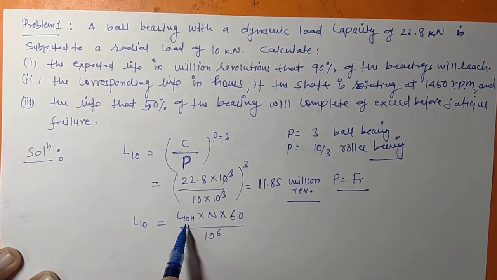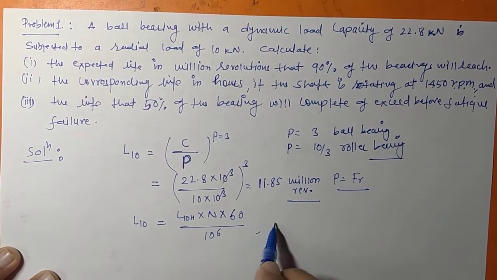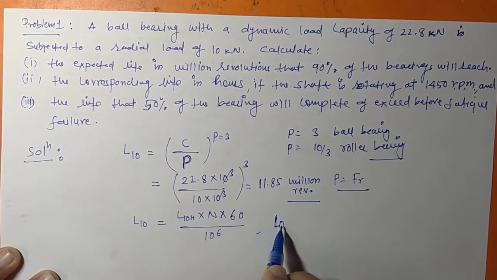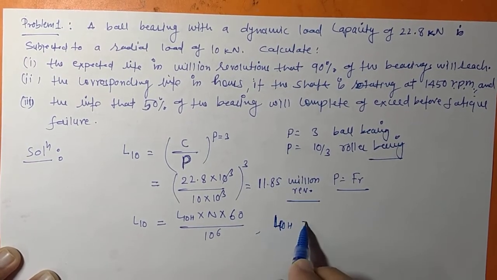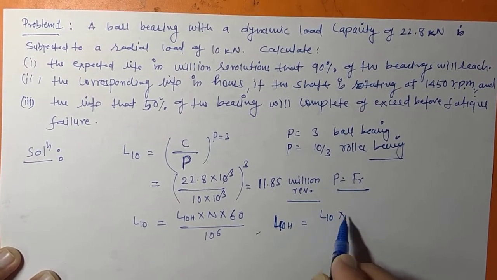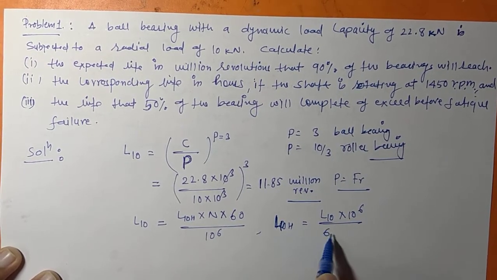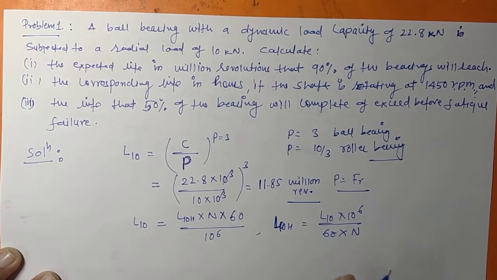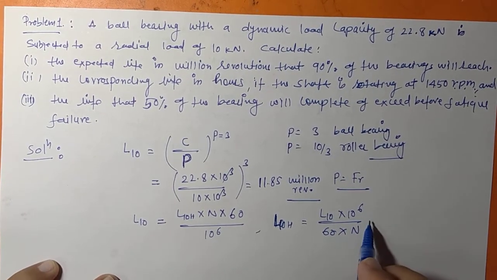So if we need to convert the L10 life into L10H, or in hours, then L10 hours equals L10 multiplied by 10 raised to power 6 divided by 60 into rpm, the speed of rotation of the shaft.